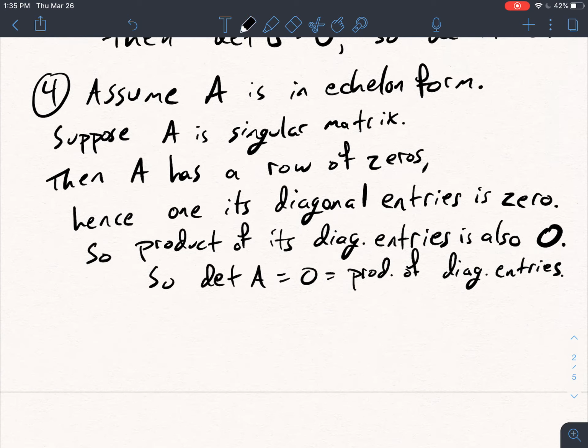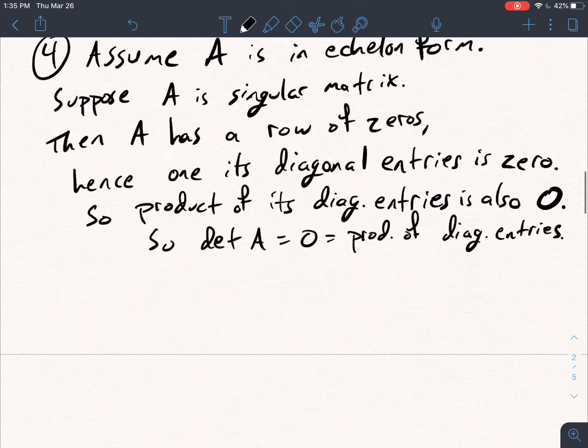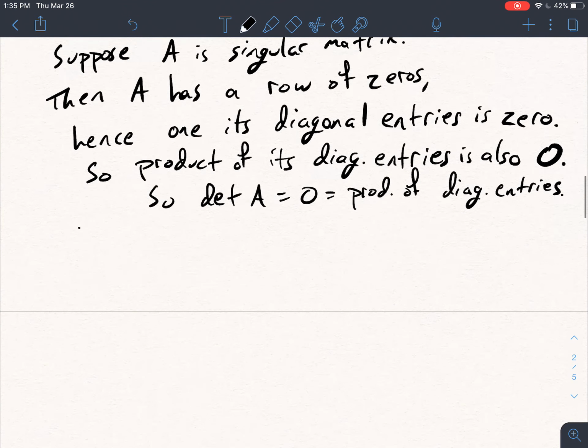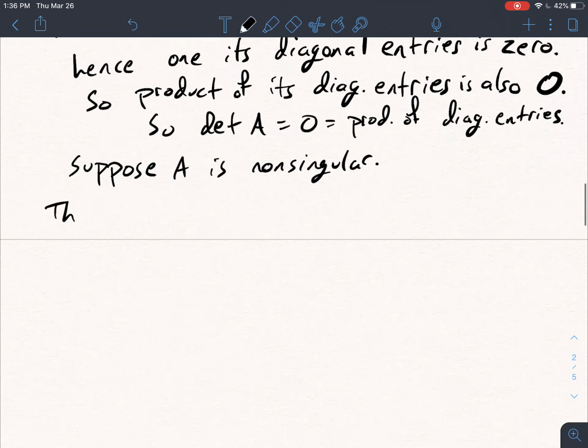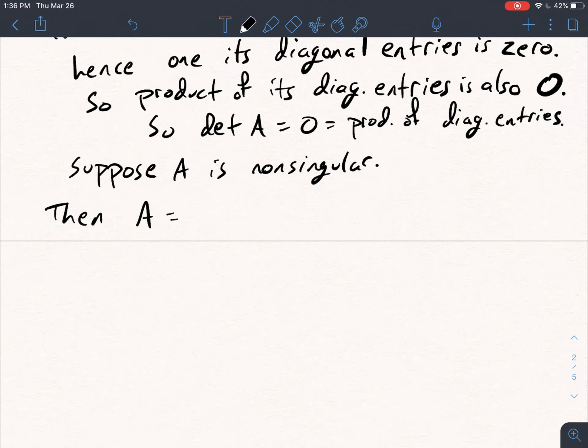Okay. So let's do it for non-singular matrices next. So suppose A is non-singular. So we're already assuming that it's in echelon form, not reduced echelon form. So it looks something like this.